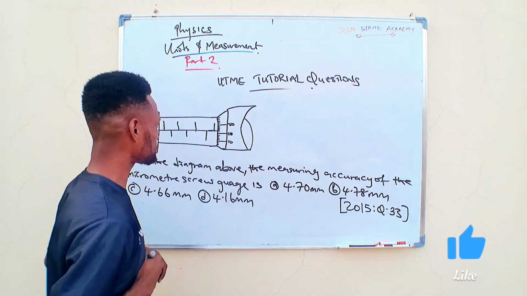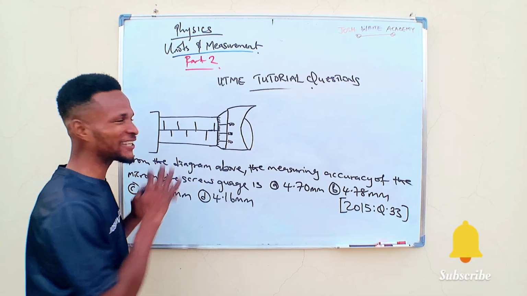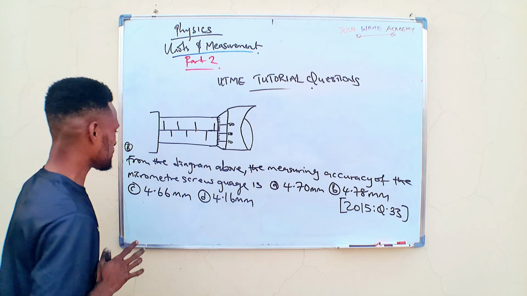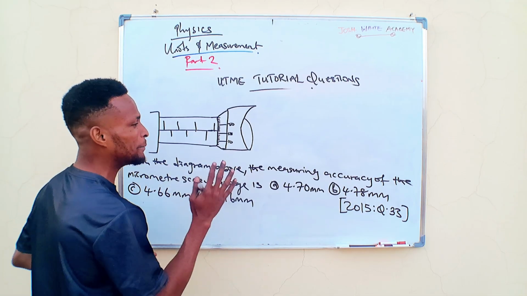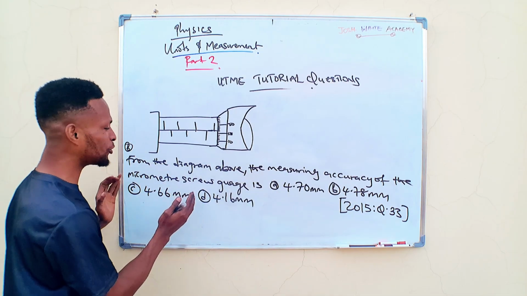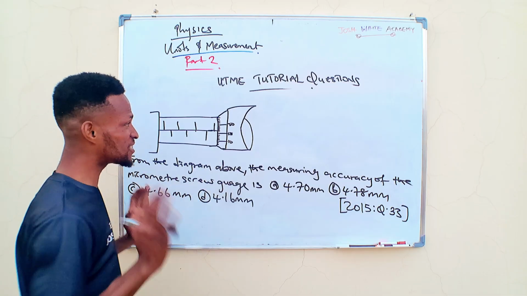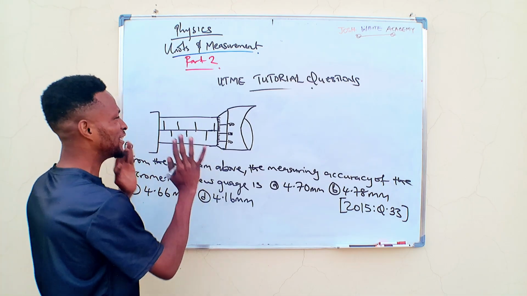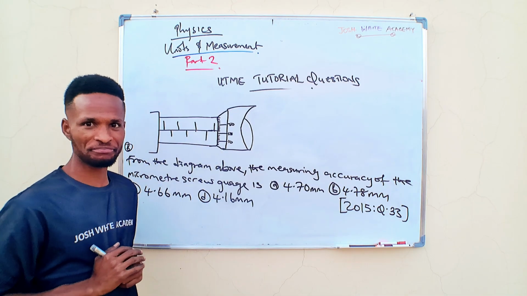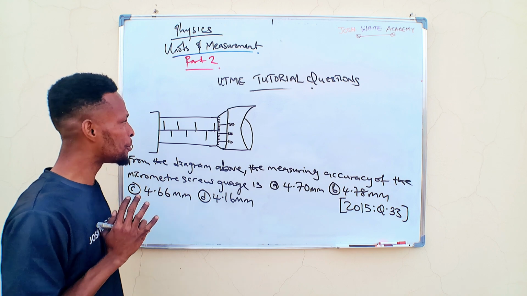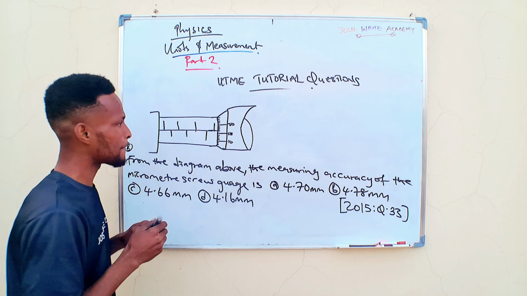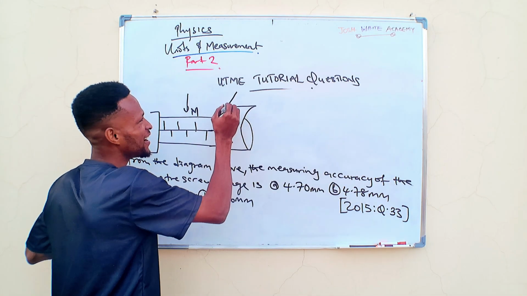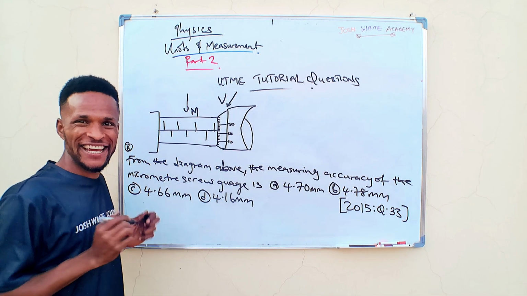And finally, we have a diagram, a setup for the reading of a micrometer screw gauge. From the diagram above, the measuring accuracy of the micrometer screw gauge is, what they are asking you in essence is, what is the measurement of this setup? Remember I said to you, we have two scales here. We have the main scale and we have our Vernier scale.